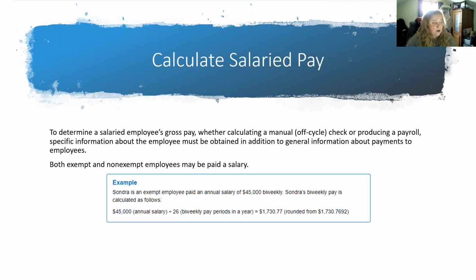Now, on the other hand, if you had a contract with an employee that said they got paid $1,730.77 per biweekly pay period, but it didn't state that they got an annual wage of $45,000, then I think there's an argument to say that they get 27 pay periods at that same amount. So you have to be careful and make sure that you are following what is agreed upon with the employee in the contract. And as we have seen in the last couple of years, every client does this differently.